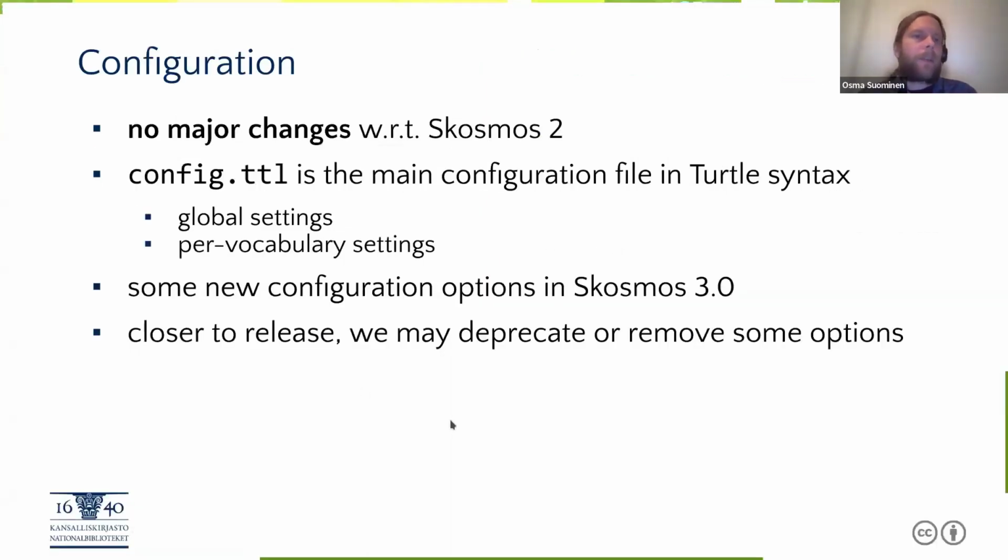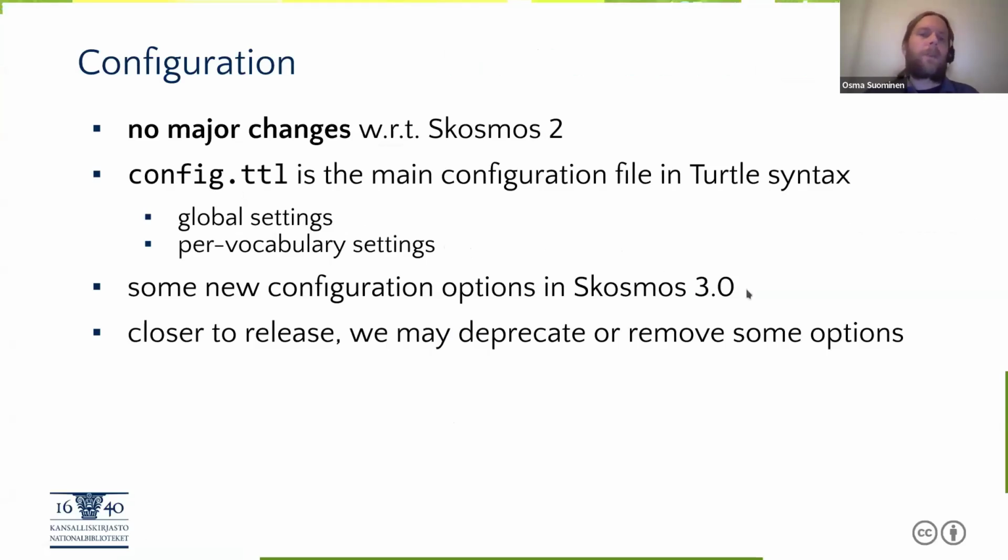Okay, configuration of Skosmos. If you're familiar with how it works in Skosmos 2, there's no big difference. There's basically just one configuration file in Turtle syntax, and it has a section on global settings, and then, depending on how many vocabularies you have, just one section per vocabulary with vocabulary specific settings.